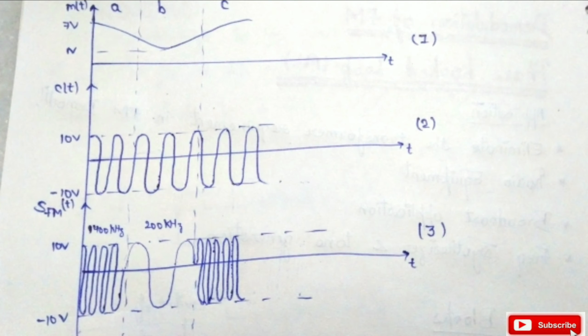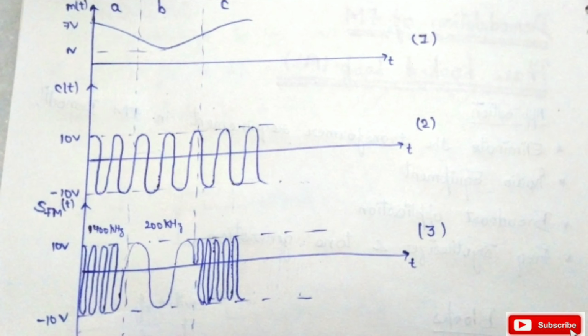So in area A, the frequency of the carrier will increase. So in area A, there are many more cycles in comparison to the carrier signal, and in area B the message signal amplitude decreases. So in the third wave, the carrier signal frequency will be decreased. We assume that the signal completes only one cycle.